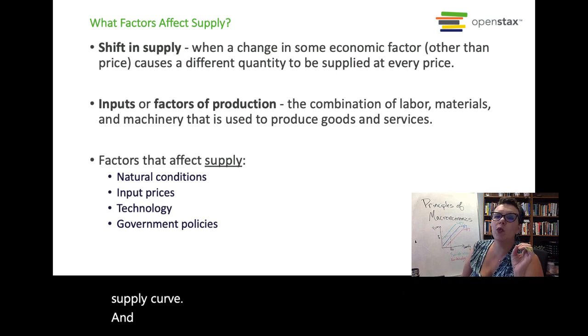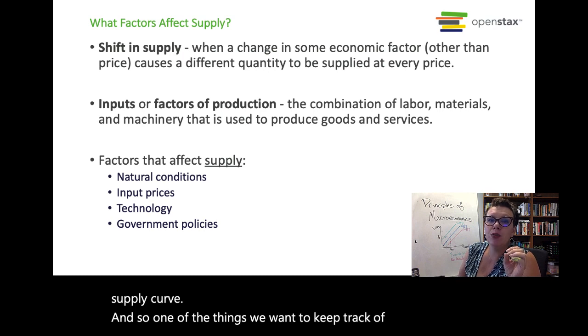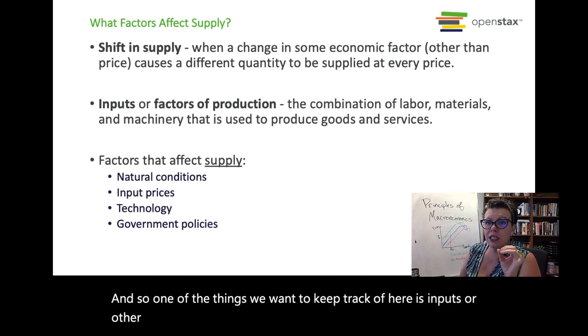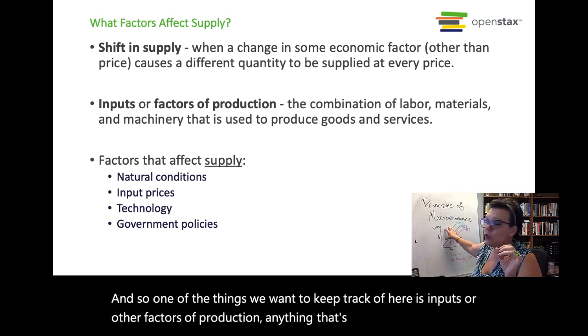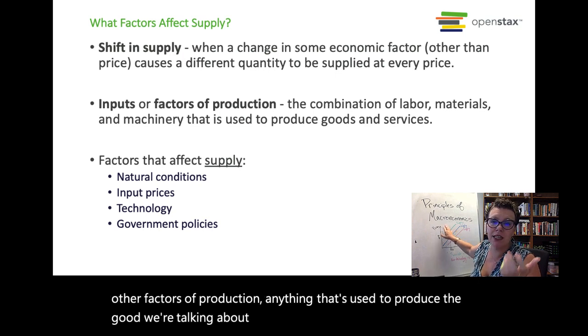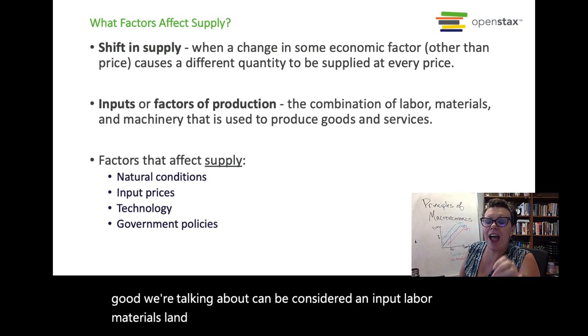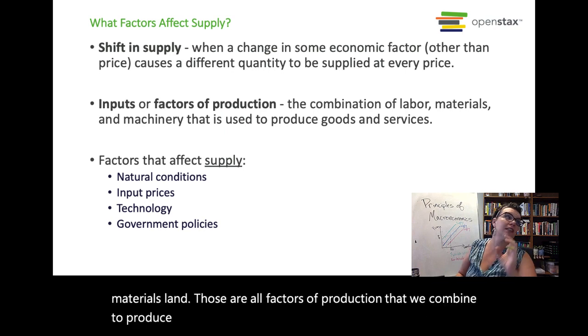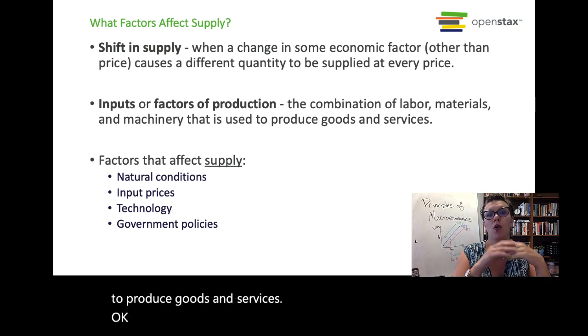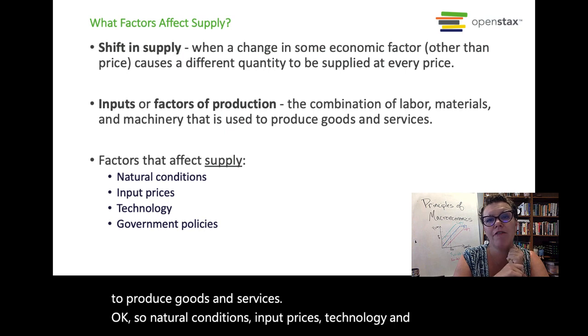And so one of the things we want to keep track of here is inputs or other factors of production. Anything that's used to produce the good we're talking about can be considered an input. Labor, materials, land, those are all factors of production that we combine to produce goods and services. Okay, so natural conditions, input prices, technology, and government policies can affect supply.